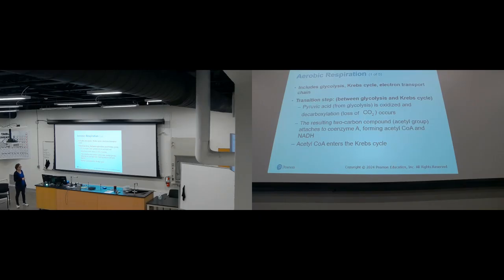Pyruvic acid is the molecule produced at the end of glycolysis, and it will be oxidized and decarboxylated to produce an acetyl group.